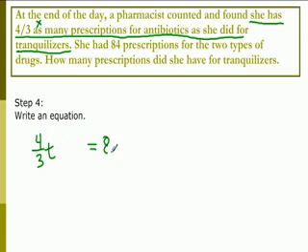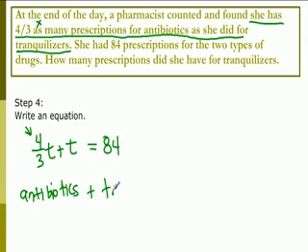She has 84 prescriptions for the two types of drugs altogether. So this is the number of antibiotics plus the number of tranquilizers equals 84. So she has 4/3 as many antibiotics as tranquilizers.